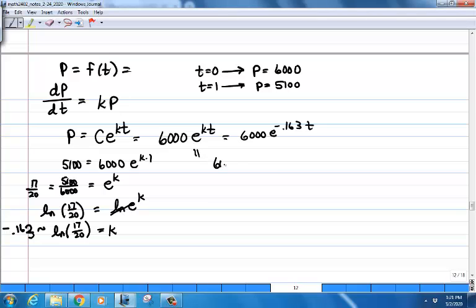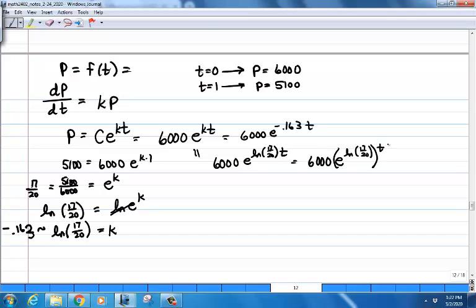So they wrote down 6,000 times e to the natural log of 17/20 times t. Now, they're going to break that up a little bit further. They're going to write that as 6,000 times e to the natural log of 17/20, and then all of that raised to the t power.